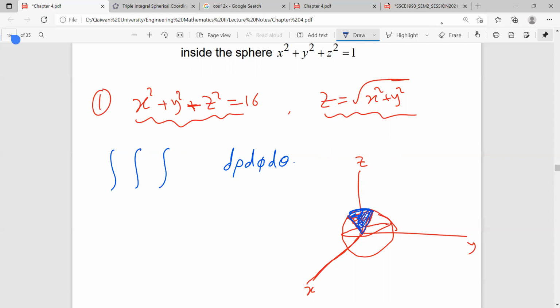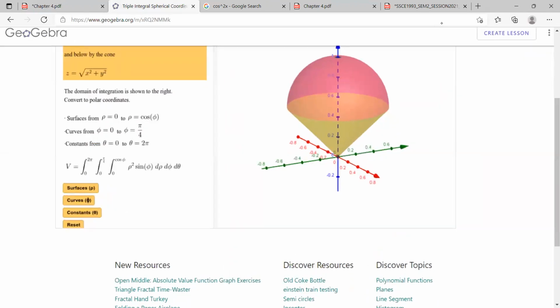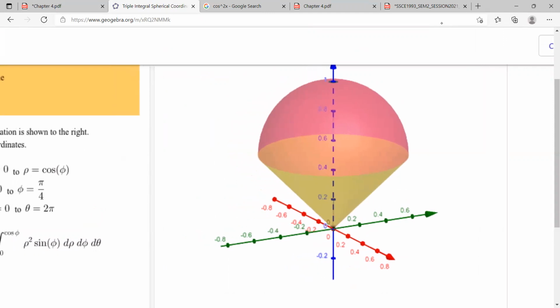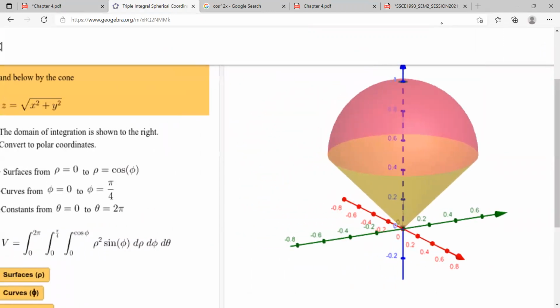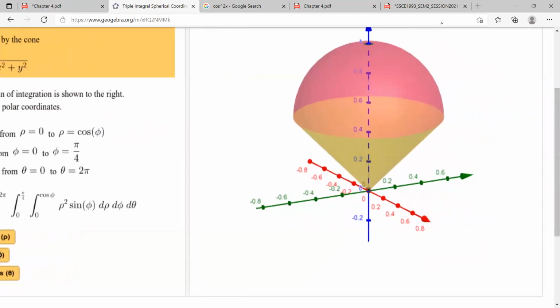I'm going to show you this figure. This is the graph for the solid, and we should find the volume for this solid. We should have the limits for rho, the limits for phi, and the limits for theta.